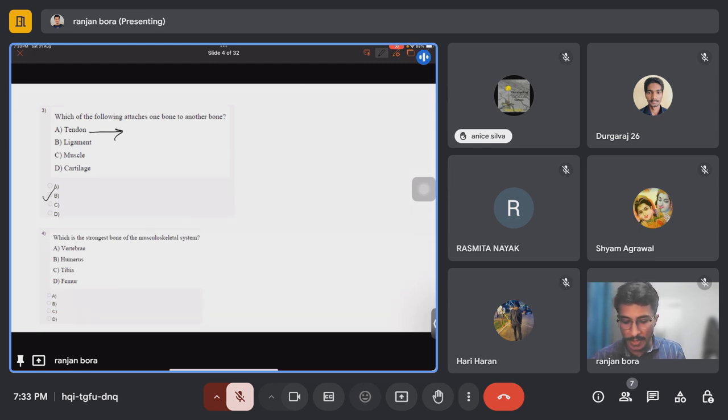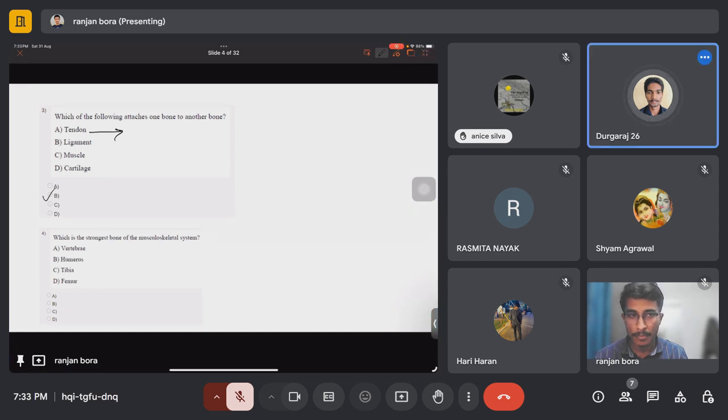Which is the strongest bone of the musculoskeletal system? Femur. Yes.